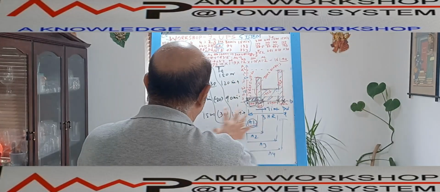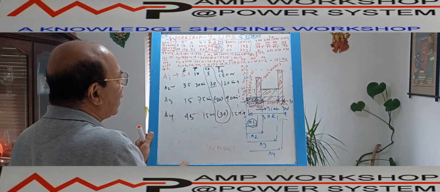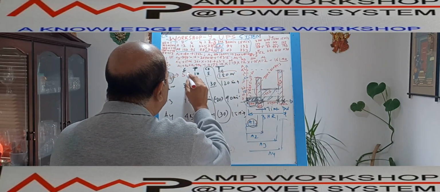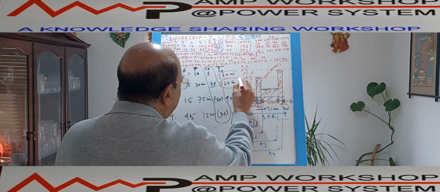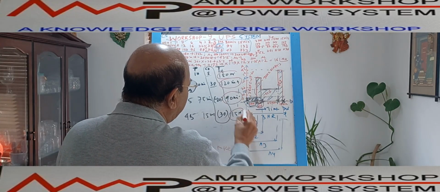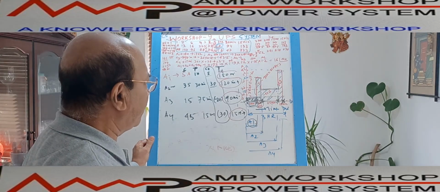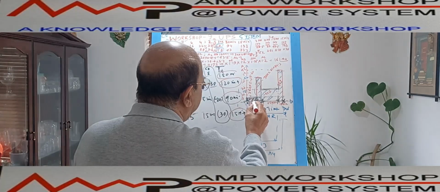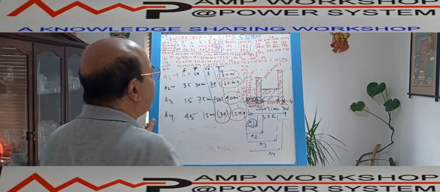Now the K factor for each section we have to calculate based on this cumulative timing, not the individual timing. So the A1 section means the first section, and the K factor is to be decided for 180 minutes, which means 3 hours.